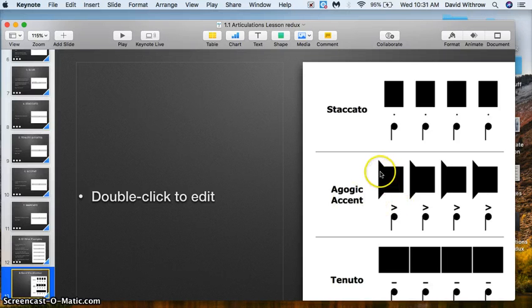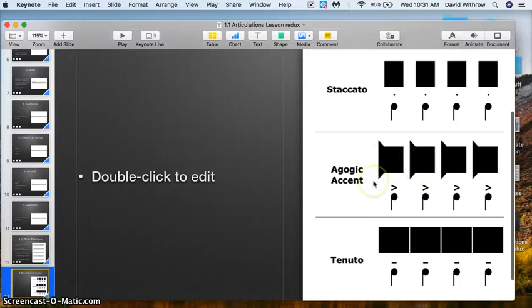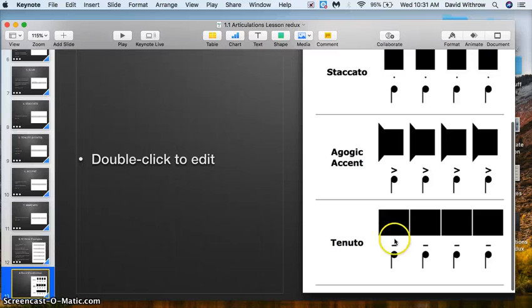We see that the beginning, the attack of the note is much more forceful. There's that regular amount of sustain with a little bit of separation. Ta, ta, ta, ta. Here's those tenutos where the attack is just normal. We try to hold those notes as long as possible in a smooth fashion. Do, do, do, do, do.